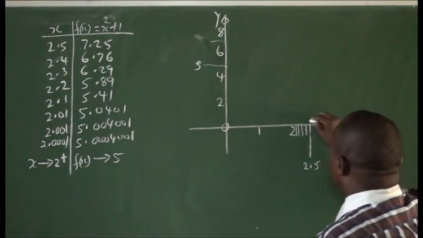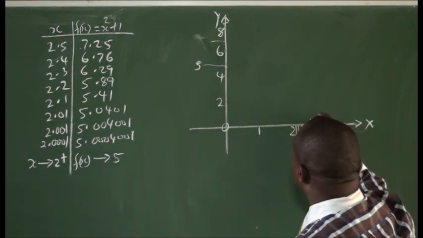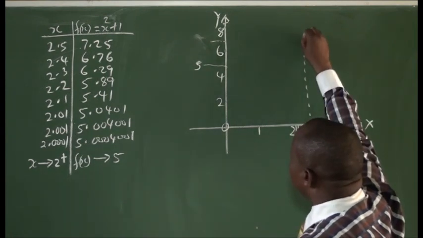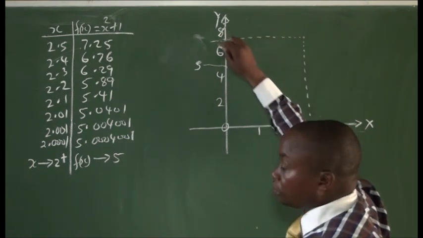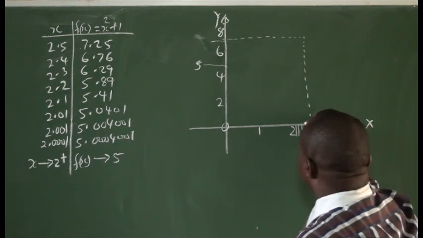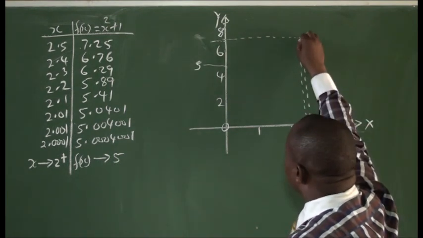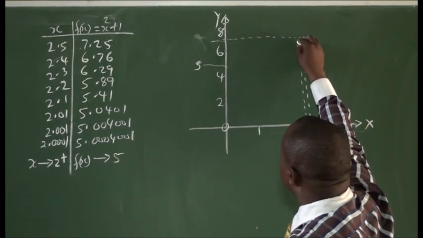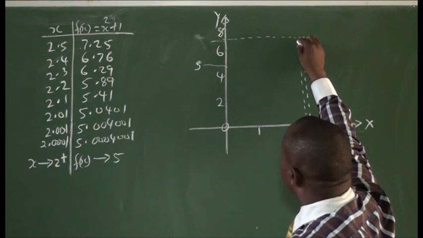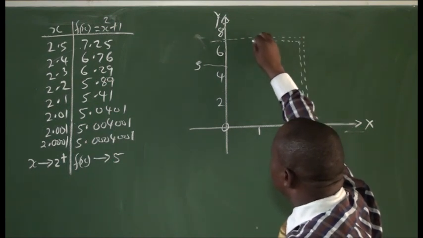So when x is 2.5, we have 7.25. Go this way. Then when x is 2.4, you have 6.7. So somewhere here.